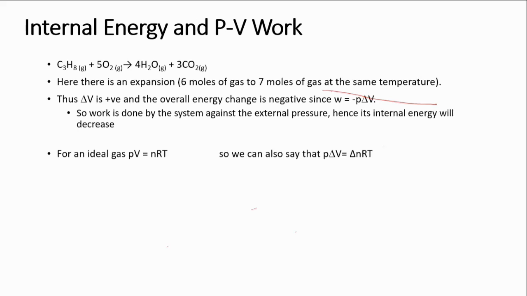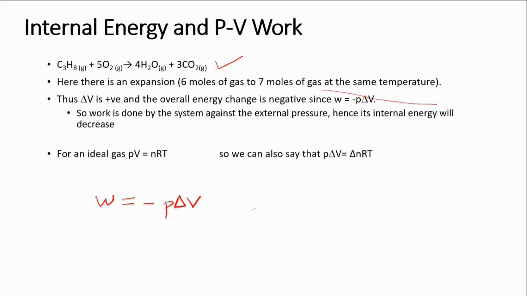Now, we have been saying that work is equal to minus P delta V. Okay? But look at this system here. How would you know the difference in volume? We keep looking at the number of moles alone. Indeed, we can look at the number of moles and tell whether or not work will be done on or by the system.